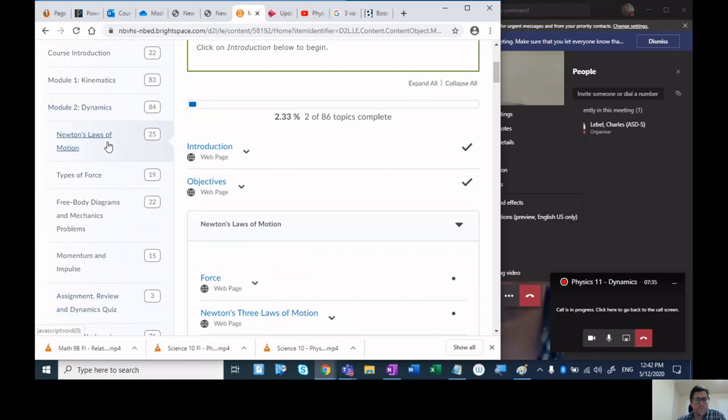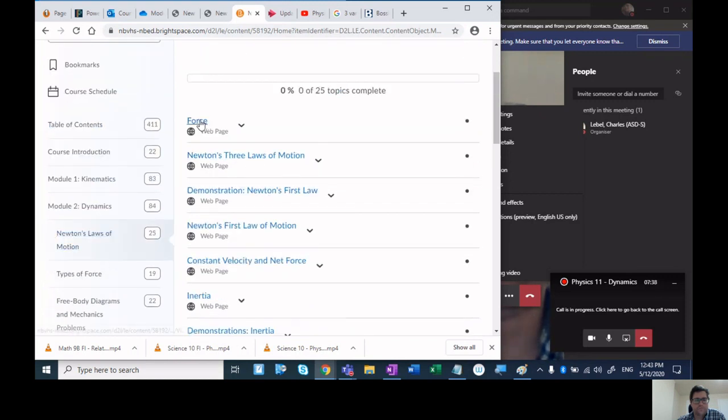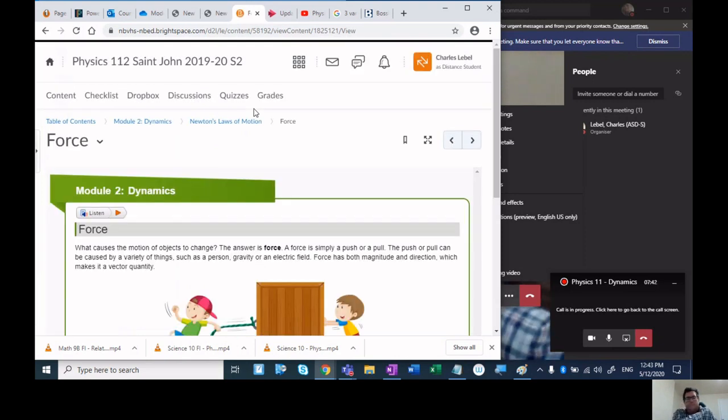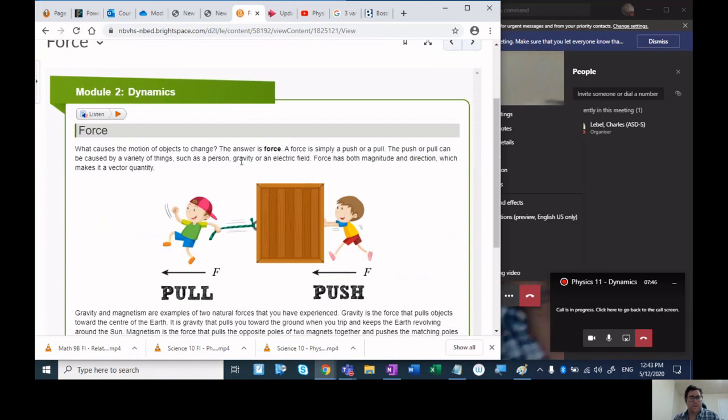So Newton's laws of motion. Force. What causes the motion of objects to change? The force. Simply a push or a pull, for us, mostly for everybody.